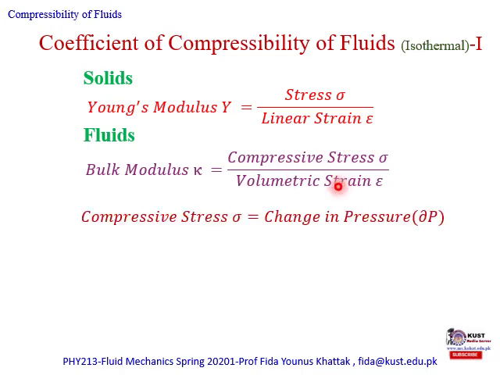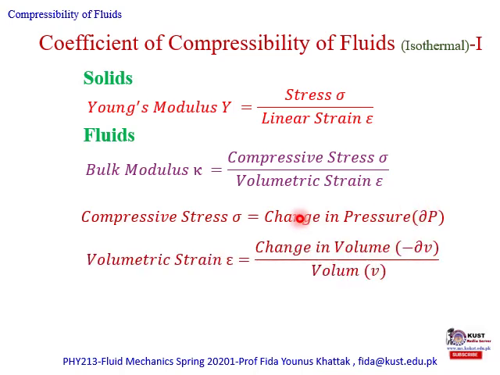The compressive stress is simply the change in pressure, that is del P, and the volumetric strain is the change in volume, minus del V over volume V. Take care of this minus, because that simply means that if you increase the pressure, you are reducing the volume.